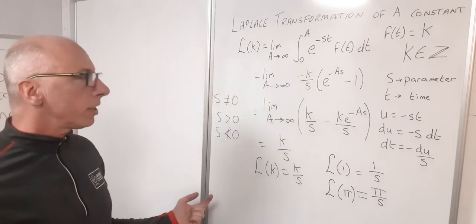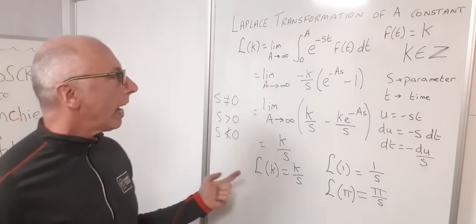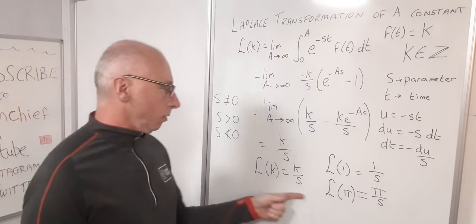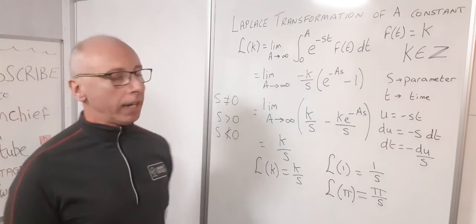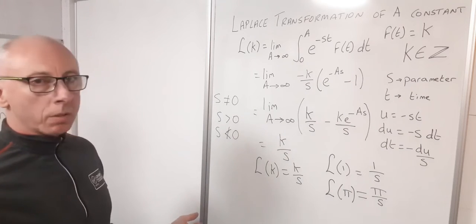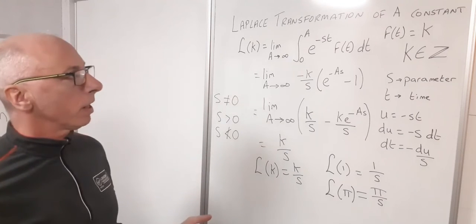So that's the standard Laplace transformation for a constant, and we've derived how to get it, and that will be our final answer, which can be used for any value of k as long as k is an integer.